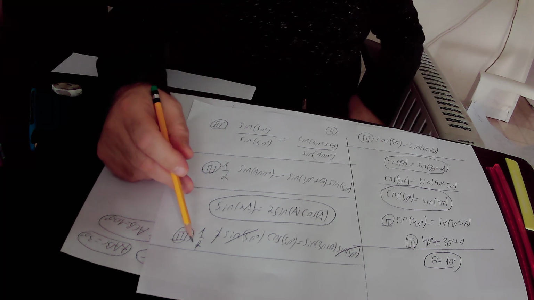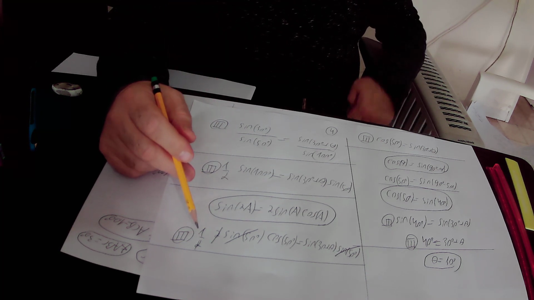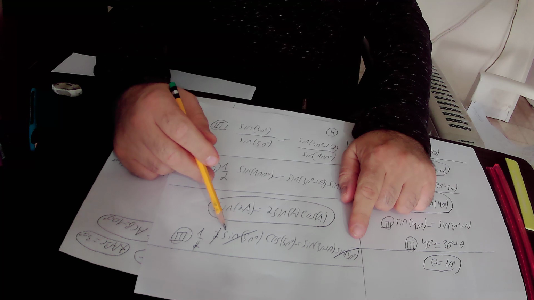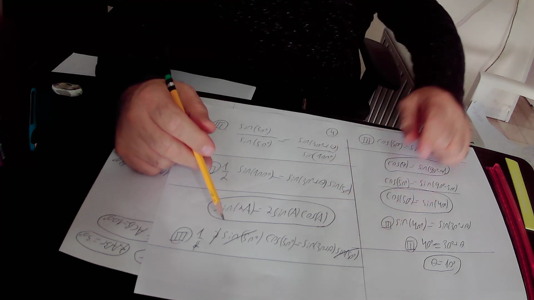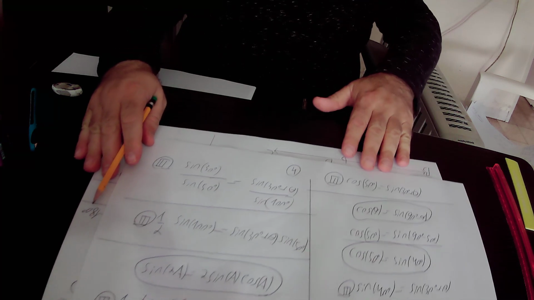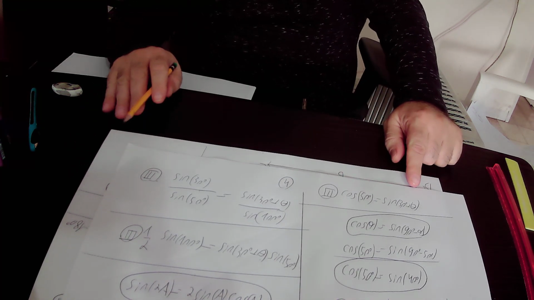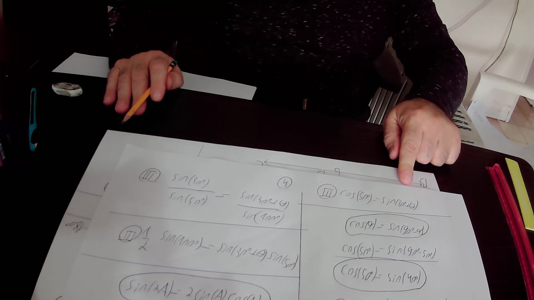Here 2 over 2 is 1, so the 2 will get cancelled. We have sine 50 degrees on both sides of equation number 3, so sine 50 degrees will also get cancelled, and we are left only with cosine 50 degrees, which equals sine 30 degrees plus theta.